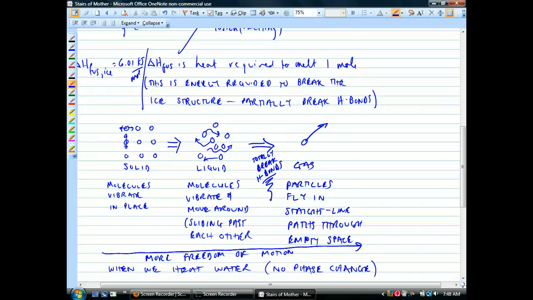It's the intermolecular forces where the hydrogen of one molecule is attracted to the oxygen of another, and they can get in real close, so there's a strong attraction. You got to rip those apart. Okay? And it takes energy to break things. Making bonds releases energy, breaking bonds requires energy.